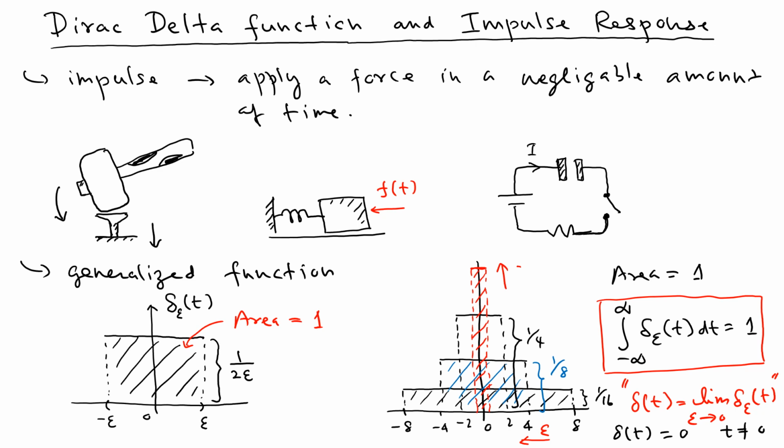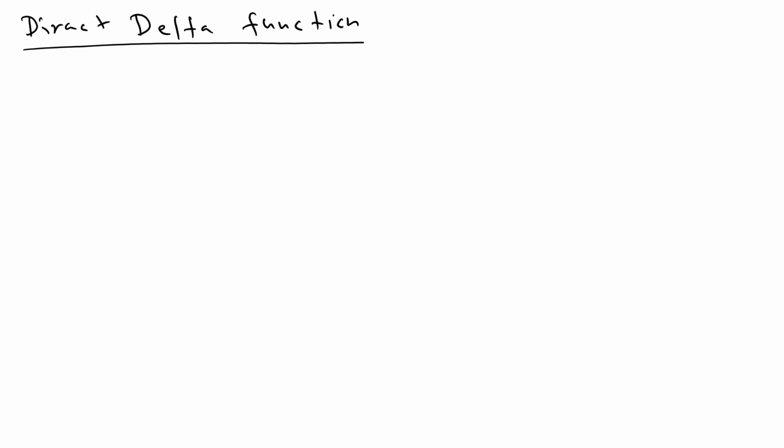So what happened now? Let's say the Dirac delta function. Define a function delta t with the properties.